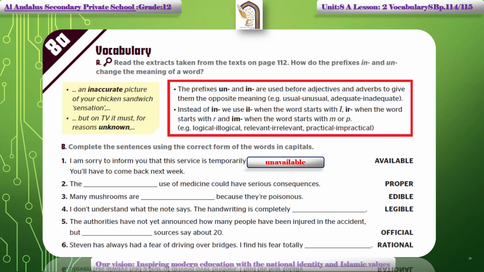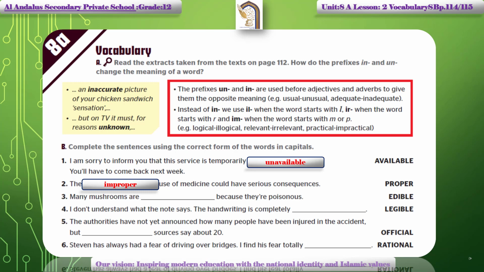Serious consequences means dangerous results. So, do you think that the proper use, the correct use? Of course not. So this is the correct answer. The improper use of medicine could have serious consequences. So the word improper means incorrect, means wrong.